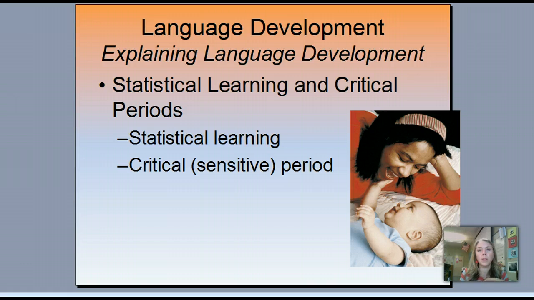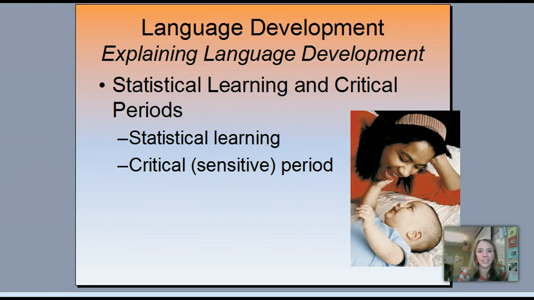Versus someone who speaks English, we group United States of America into separate things because we have grown up with that and the syllabic tones. Okay, so those statistical learnings tend to occur during those critical stages when we're able to pick up on the differences of the syllables.